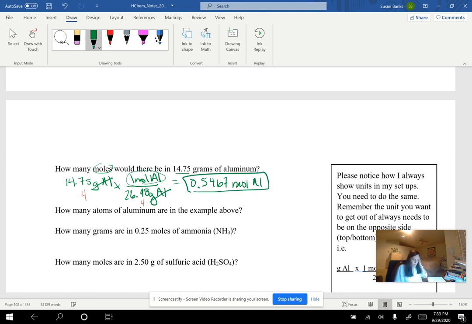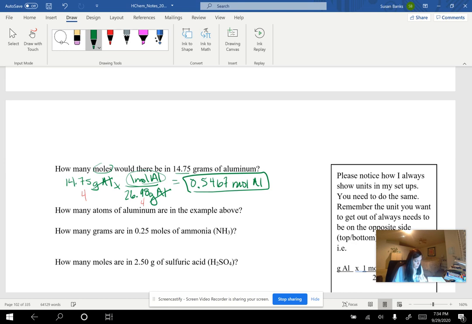Okay. Notice that I box my answers at the end so that it's easy to tell what my answer is. It might help you understand what's going on a little bit better. Okay, let's do some more. How many atoms of aluminum are in that sample above? So if I take that same 14.75 grams, I'm going to have to get it into moles to figure out atoms.